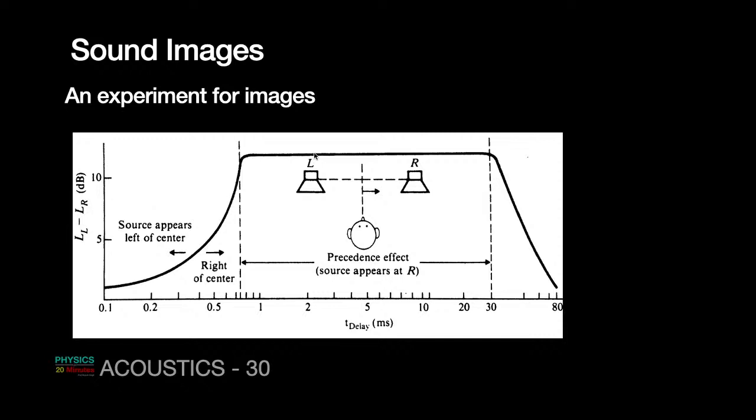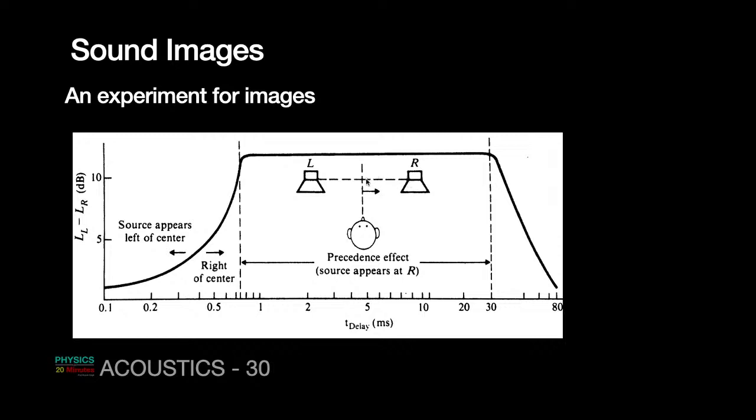So if L is louder, let's take first an ideal case when left and right speakers are at the same intensity and at the same distance, the combined source appears to be at the center. That is the image of the sound source. Resultant image is at the center. You will perceive that the sound is neither coming from left nor coming from right.